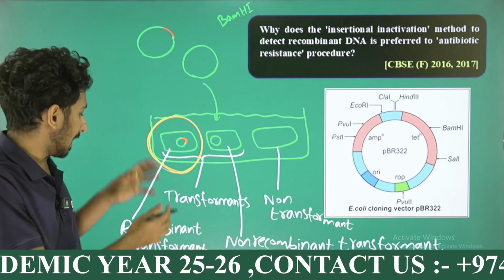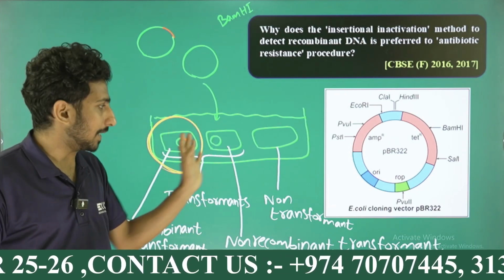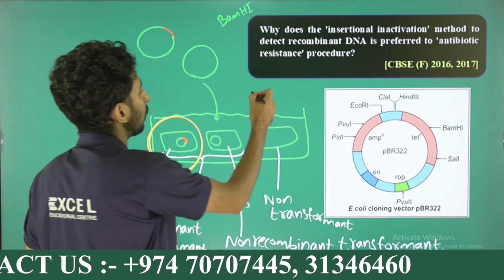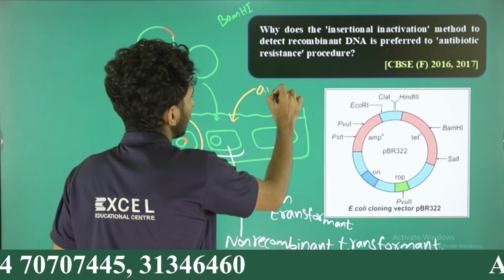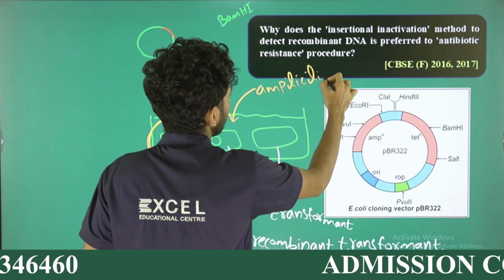How can we select the recombinant transformants among the others? How do we eliminate the others? First we have to add ampicillin to this medium.